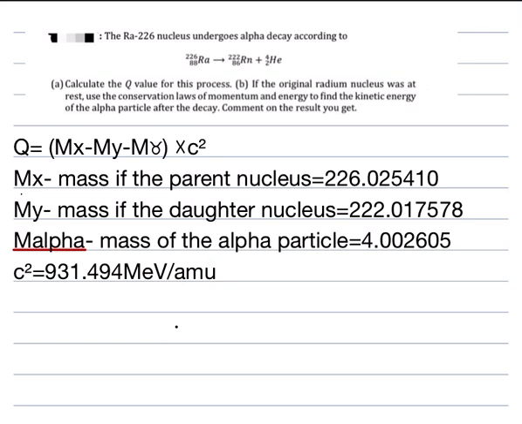So those are our values: mx, my, m alpha, and our c squared.